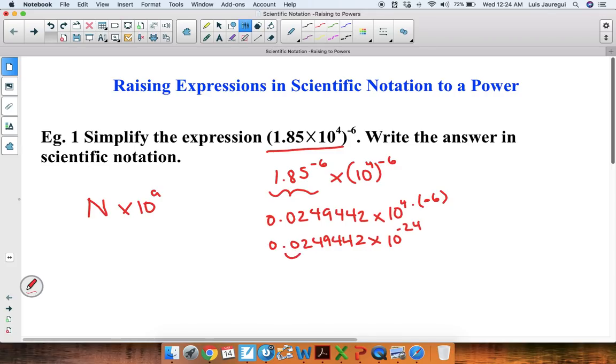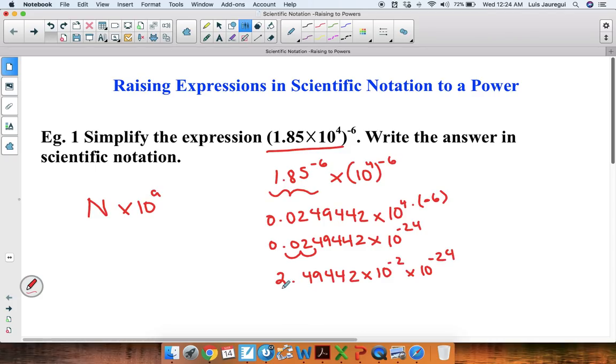In order to fix that, I'm going to move this decimal point 2 times so I can get a number between 1 and 10. So this becomes 2.49442 times 10 to the negative 2, because I moved the decimal point twice, times 10 to the negative 24.